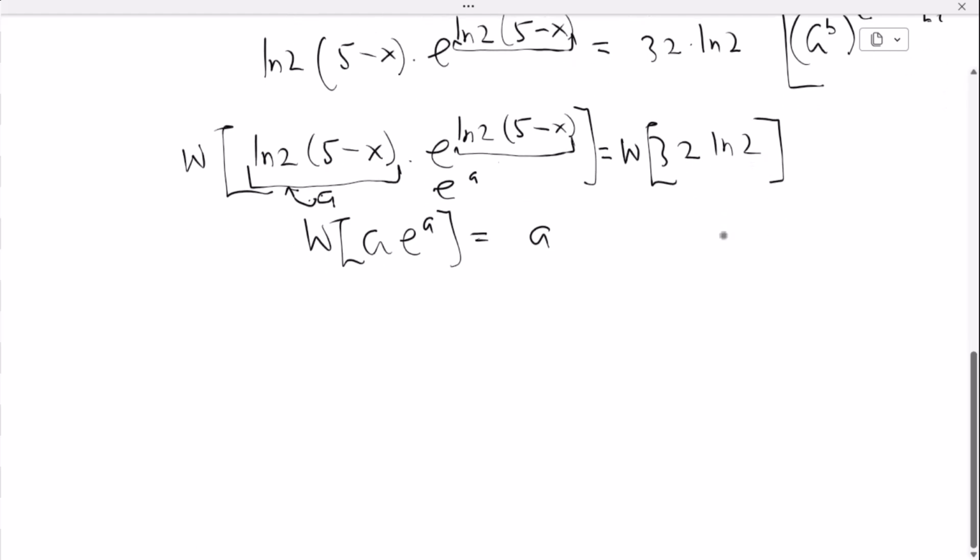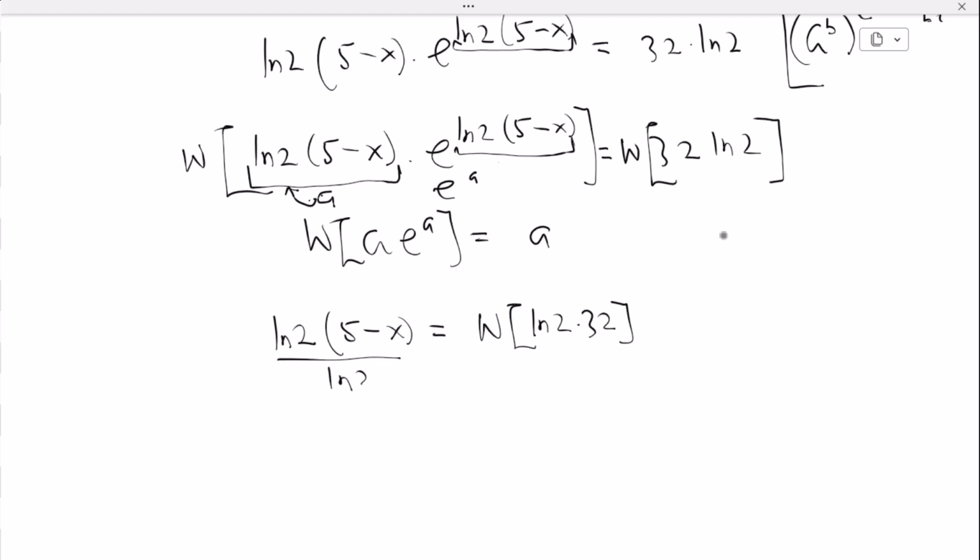So when we simplify this further, we are going to have natural log of 2 multiplying 5 minus x to be equal to, on the right hand side, the Lambert W function of natural log of 2 multiplying 32. Now over here, we can divide both sides by natural log of 2.